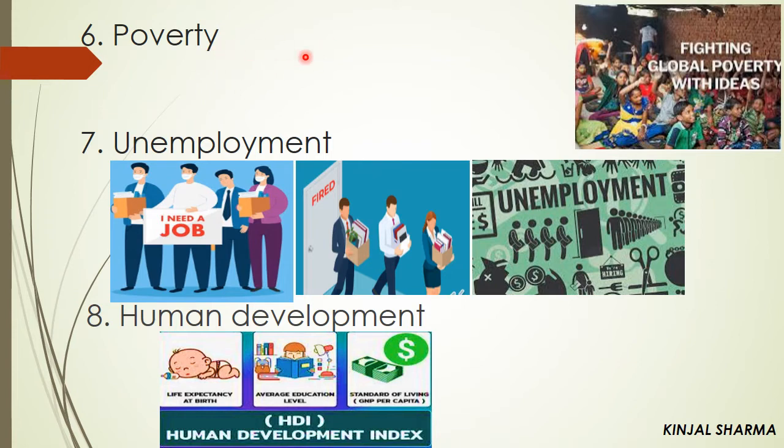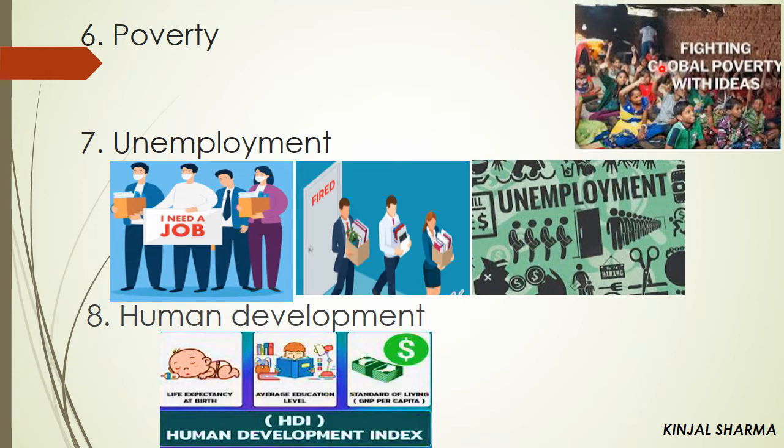Next is poverty. Now, the Indian economy is characterized by high levels of absolute poverty, and there are many people who live below the poverty line, that is, they are not able to get the basic necessities of life.